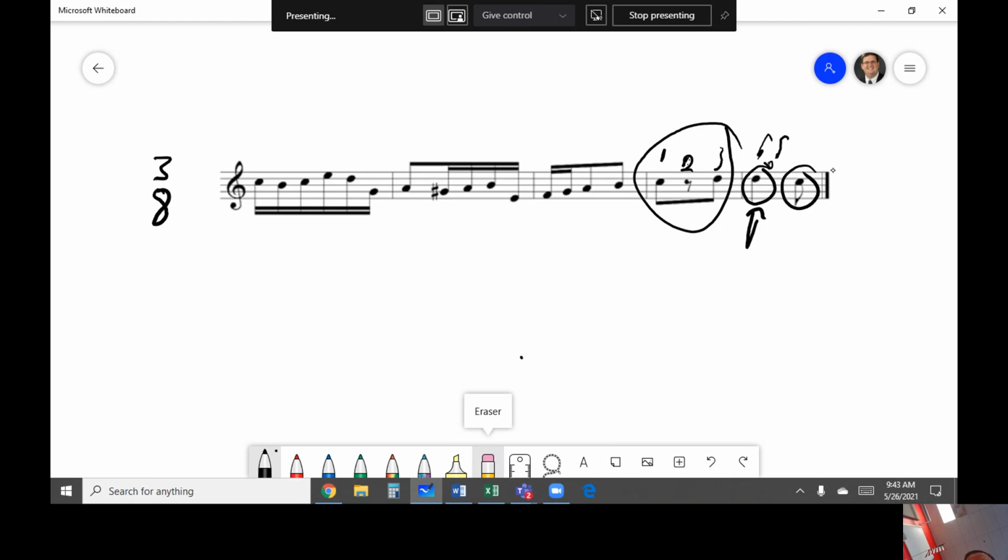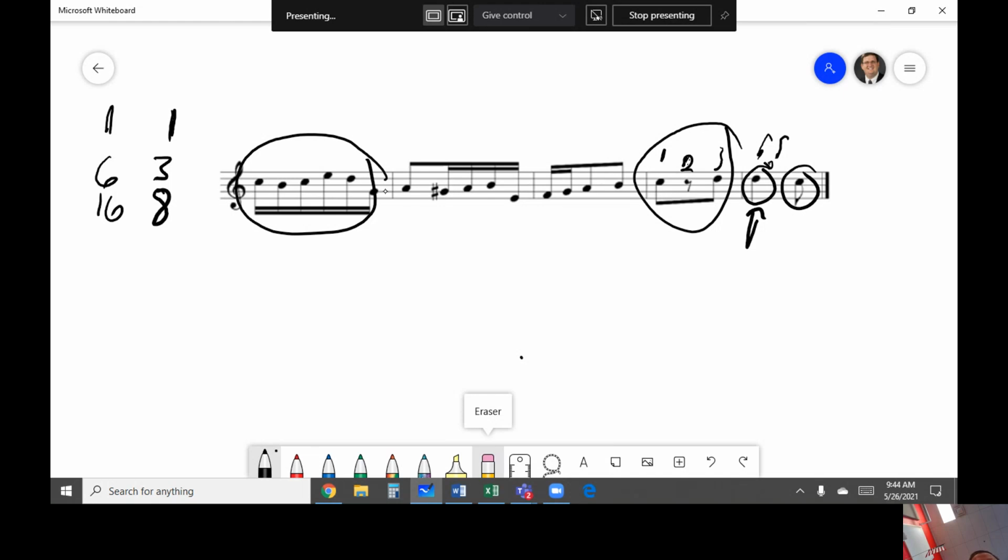So that one I could also call 3/8. If I were just looking at the first measure, I might call it 6 16ths. You would be counted correct if you were to say that the time signature to this one was 6/16 or 3/8. Okay? Does that make sense what I just did there?